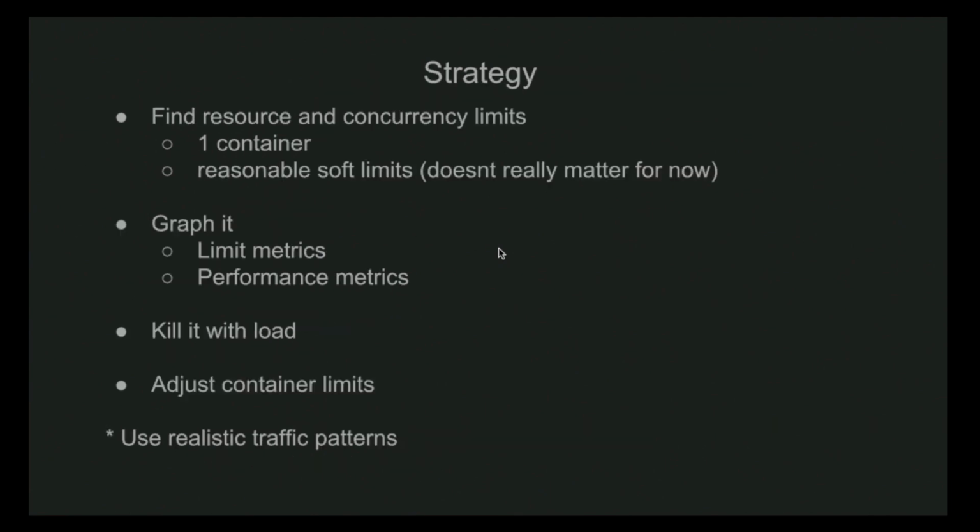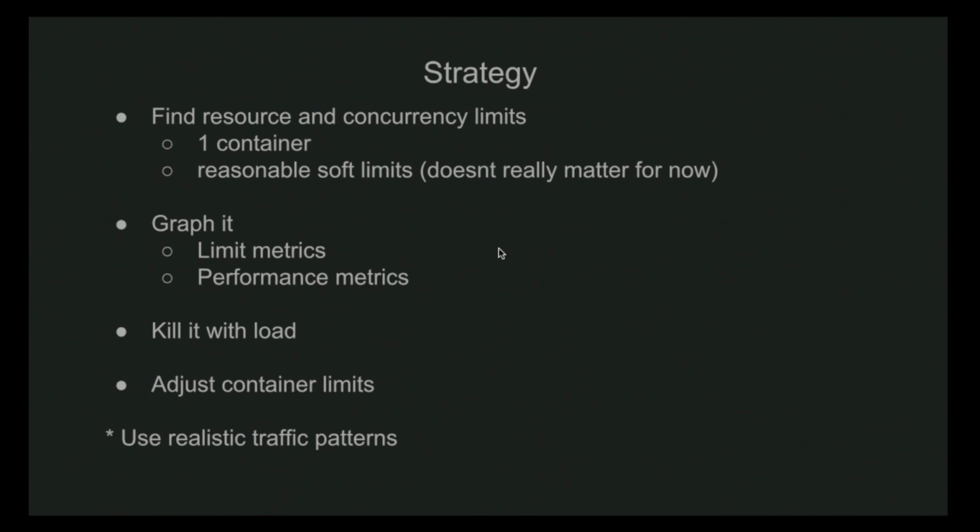Okay, so here's our strategy for finding the resource and concurrency limits of our application. We're going to start with one container. You can do it differently, but this is the path I like to take because the math is a lot simpler. You start with one container, and then set reasonable soft limits.